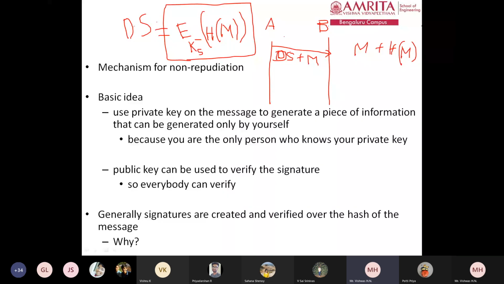So authentication is proved here. Now the question: generally signatures are created and verified over the hash of the message. Why? Very simple question, students. Can anyone tell?